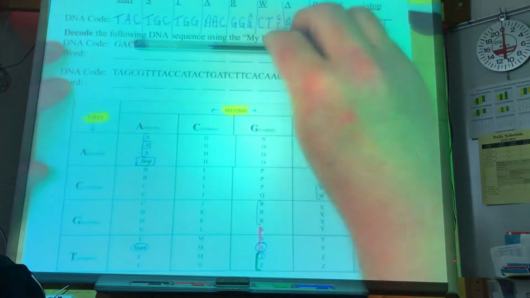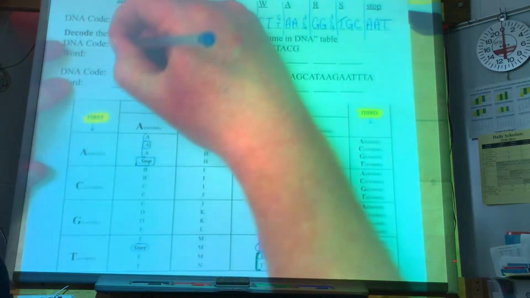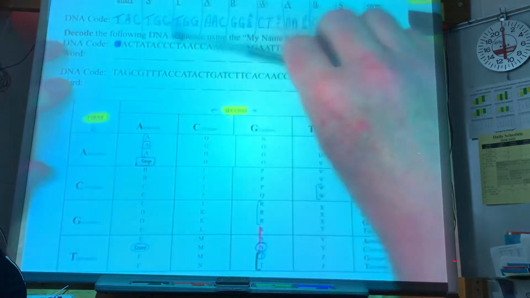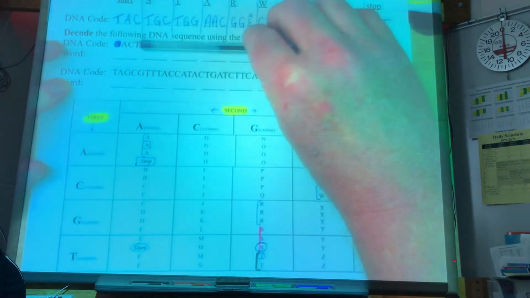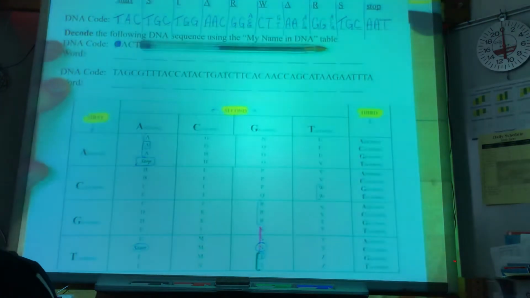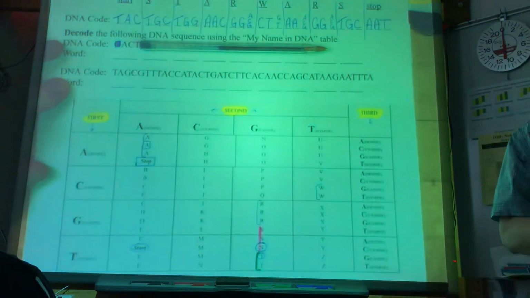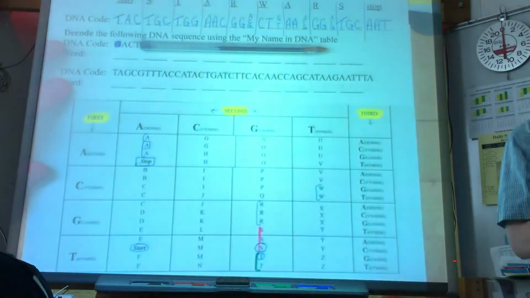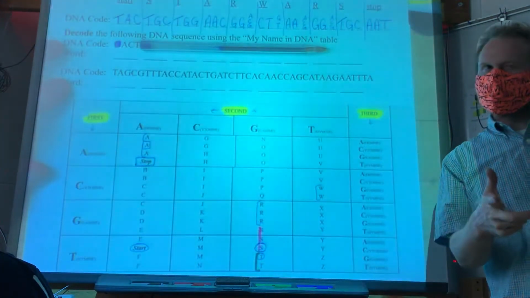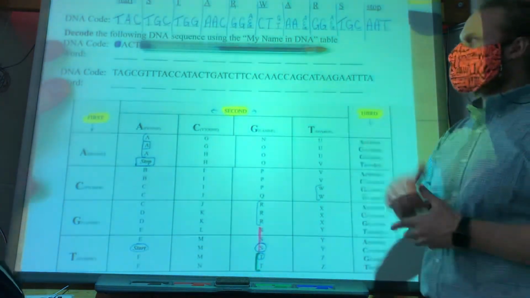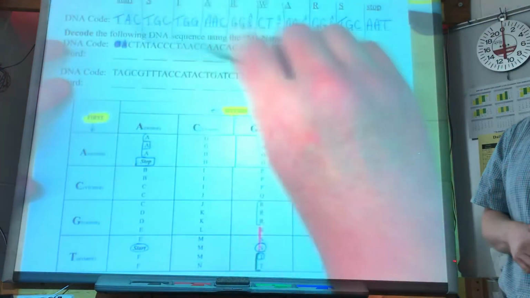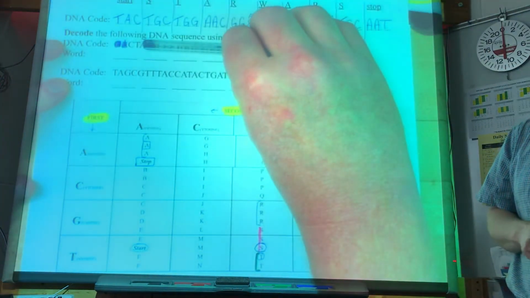Okay, so we scribble out the letter G, and now we shift over one. Is ACT the start codon? What's our start codon again? TAC. Does that say TAC? Nope. Scribble out that A. Shift over one. Is that our start codon?